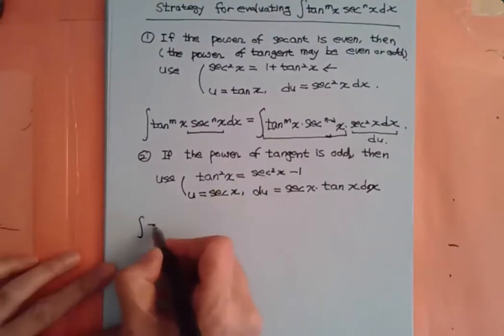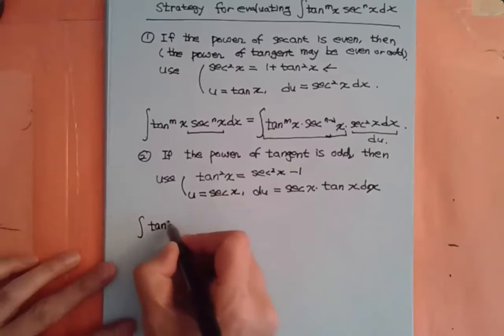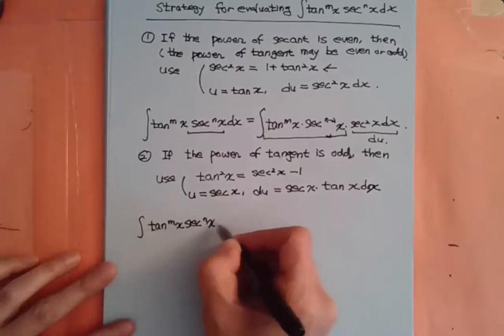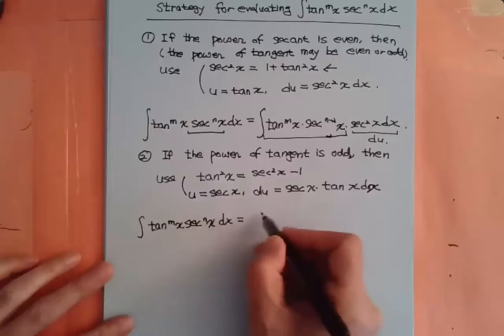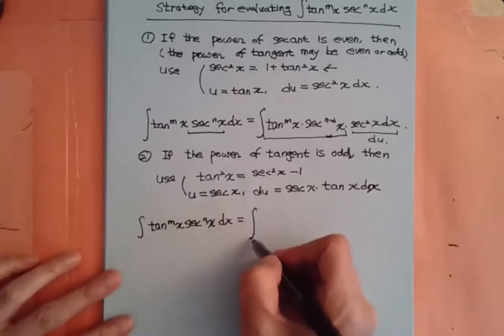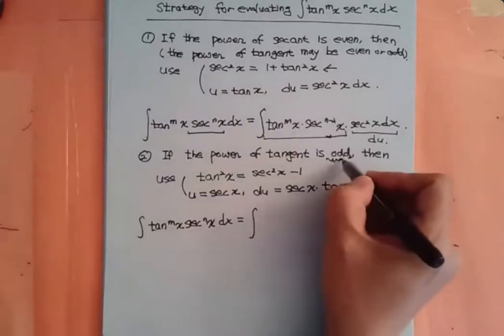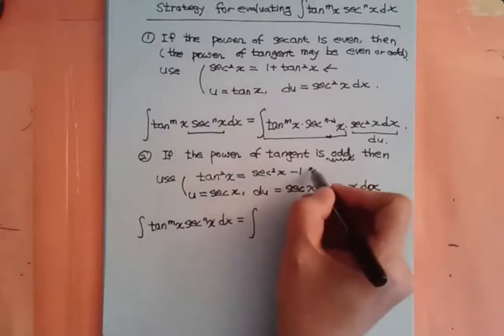So the integration of tangent to the m power x secant to the n power x dx. This time tangent is an odd power, but we will use this formula.